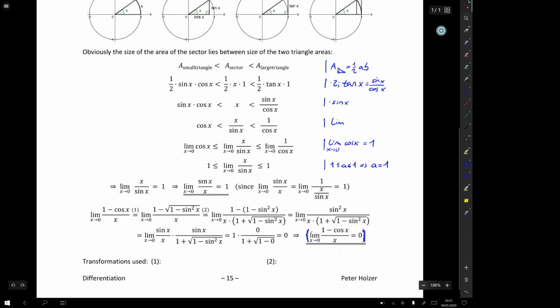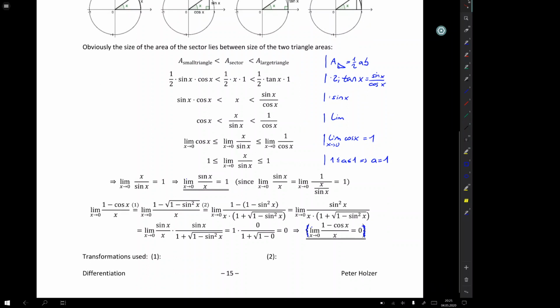So, what is the first step? Well, we use the trigonometric identity that sine squared of x plus cosine squared of x is always 1. We solve it for cosine of x, so we get cosine of x is the square root of 1 minus sine squared of x. And now what happens in step 2 here?